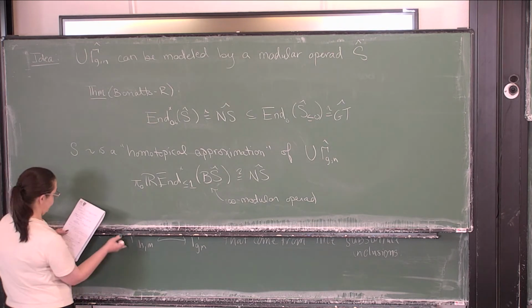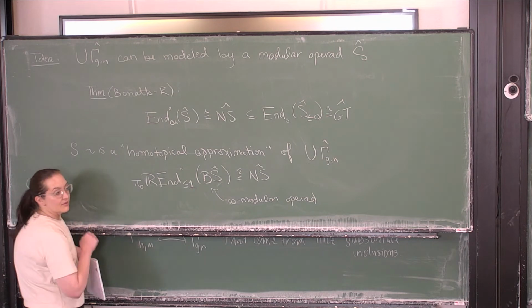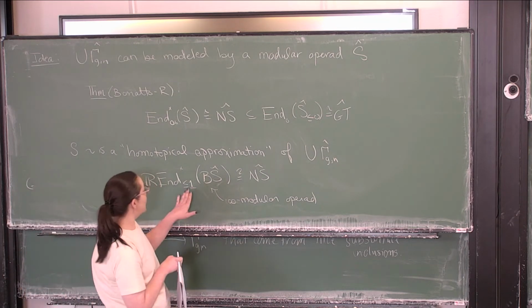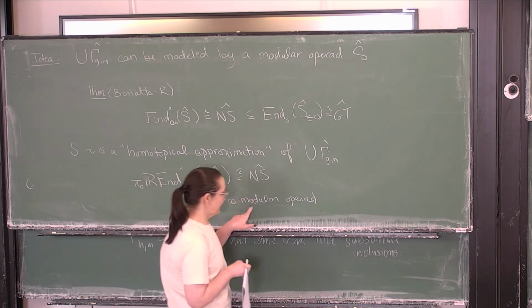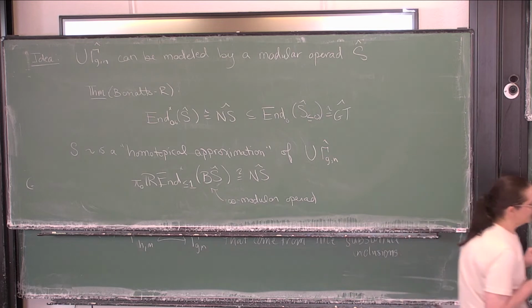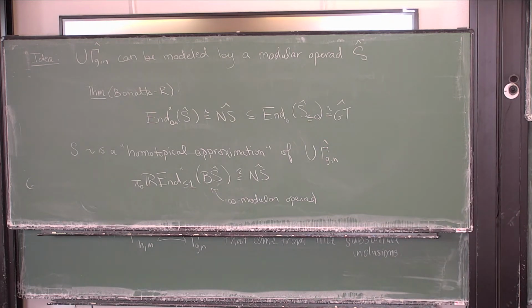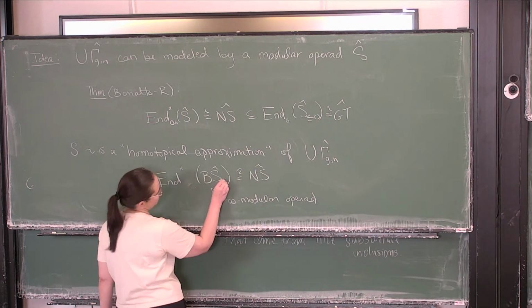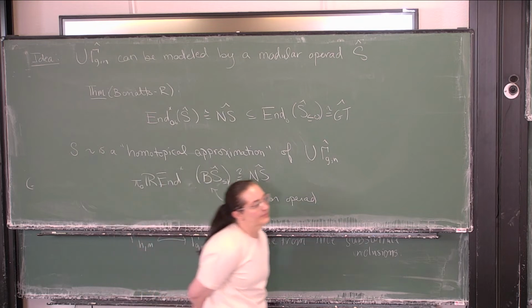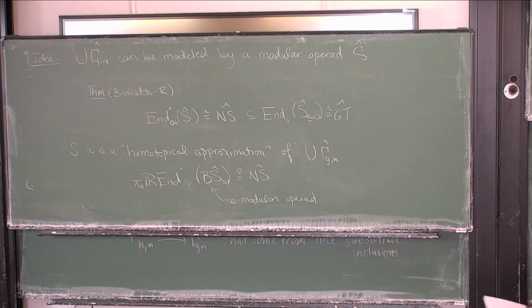We'll get back to that. Is the statement about derived endomorphisms also true if you remove the subscript? Well, no, not really. Can you repeat what this subscript means? Oh, so maybe I should put it here. I'm truncating the modular operad at genus less than or equal to 1.